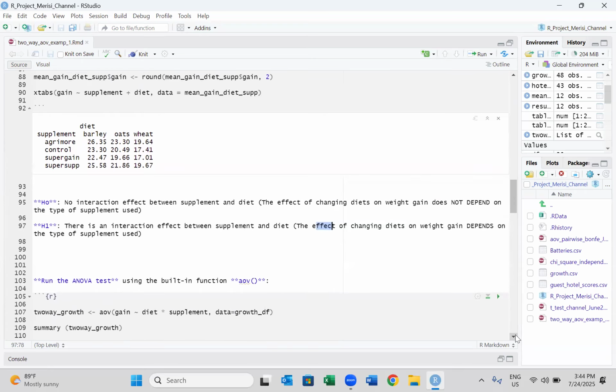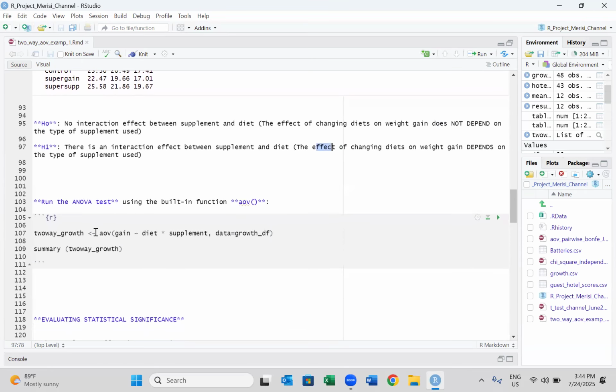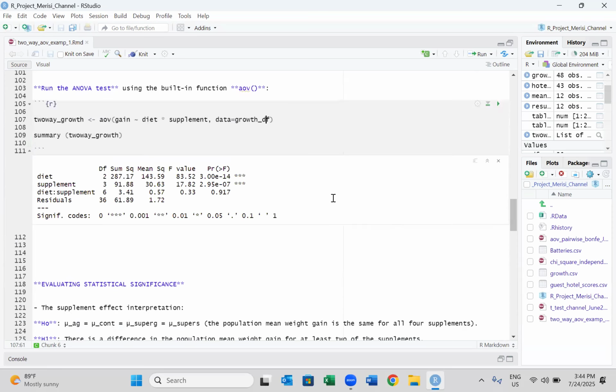All right, to test for those 3 effects, we can run this ANOVA analysis using this code. And once you run that ANOVA analysis, all you have to do is look at the p-values to know if the effects are significant or not. So for example, let's evaluate the supplement effect, okay?